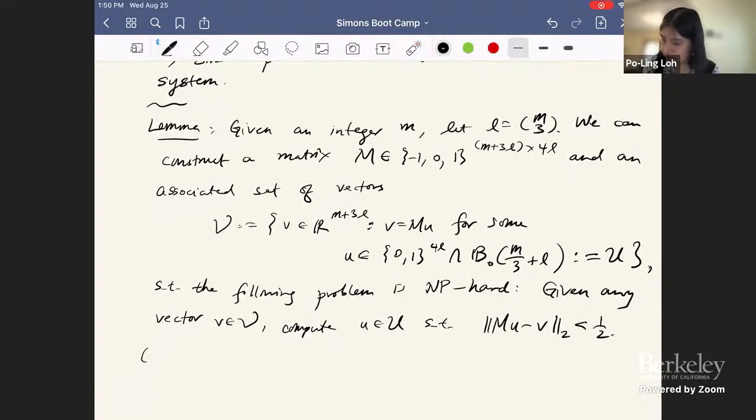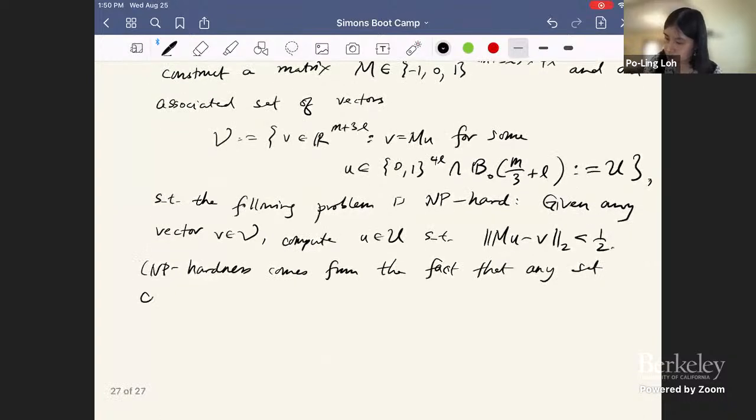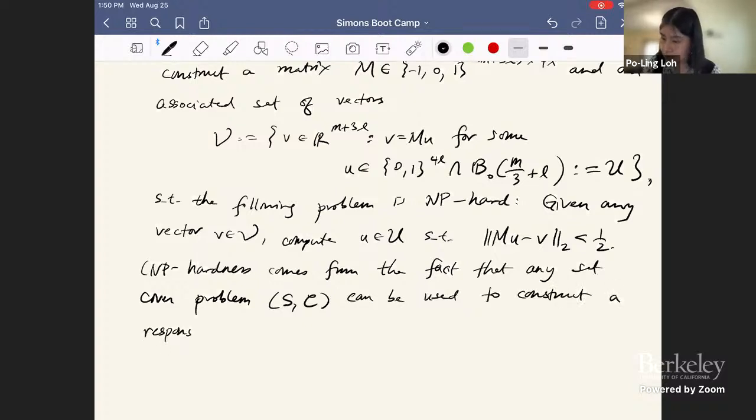I'll just say here that NP hardness comes from the fact that any set cover problem S, script C can be used to construct a vector, I mean the prediction vector.